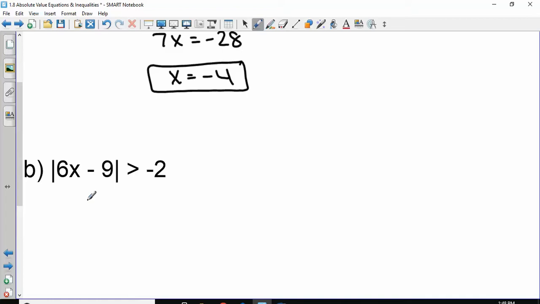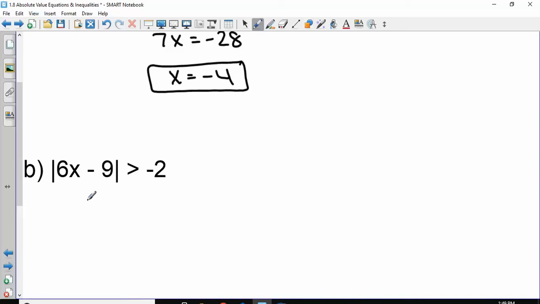So an absolute value is what kind of number? Positive. Is a positive number bigger than a negative number? Yes. When? Always. So what's my answer if it's always true? All real numbers. How do we do that using intervals?